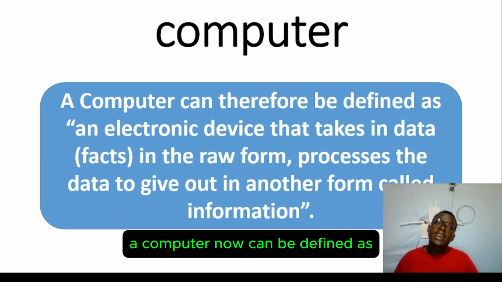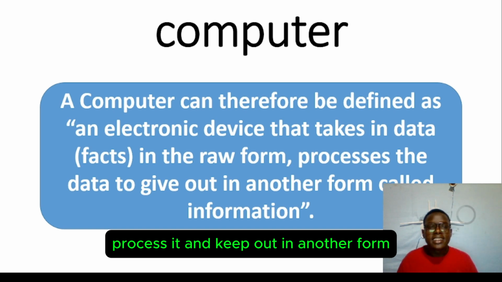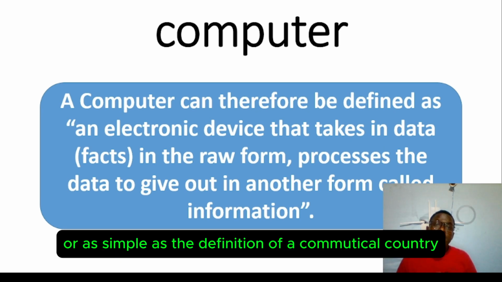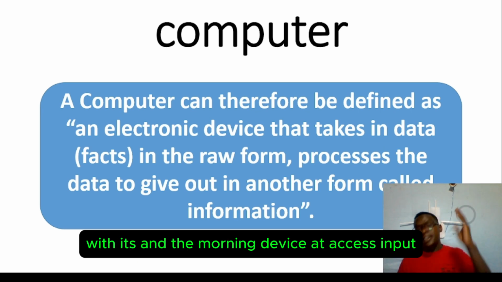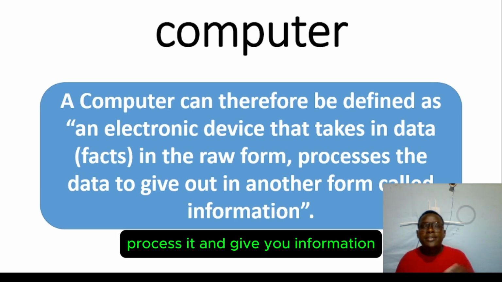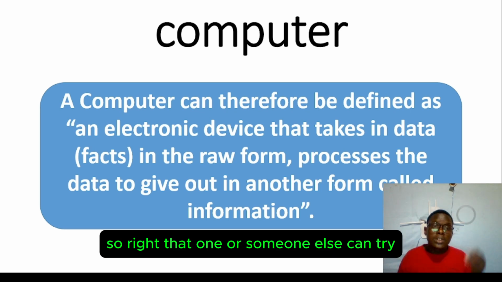A computer can be defined as an electronic device that takes in data in raw form, processes it, and gives out another form, which is called information. Or the simplest definition: it is an electronic device that accepts input, processes it, and gives you information. So write that one.